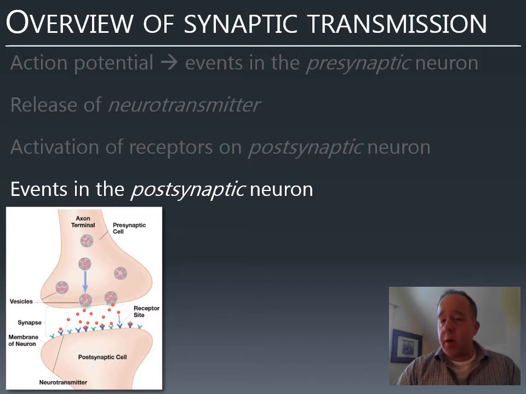But something happens on the postsynaptic side as a result of neurotransmitter binding to receptors on the postsynaptic neuron. So we have a chain of events. We have an action potential in the presynaptic neuron, causes the release of neurotransmitter. Neurotransmitter diffuses over to the postsynaptic neuron, binds to receptors, and then that causes something to happen. It could be excitation, it could be inhibition. We'll see there are other options as well, but that's the basic overview of synaptic transmission.